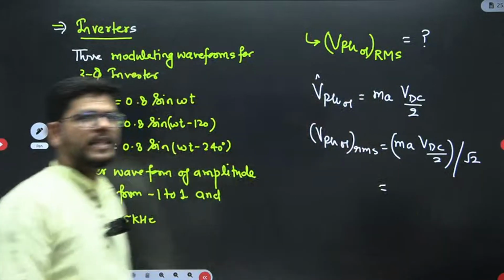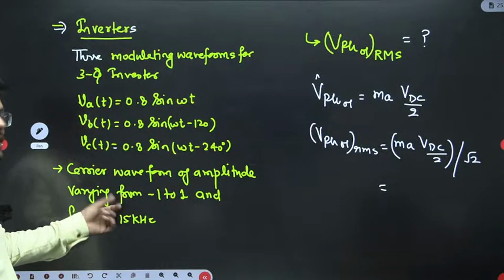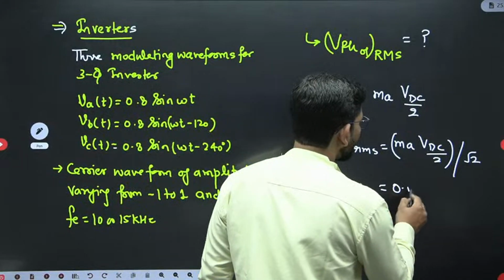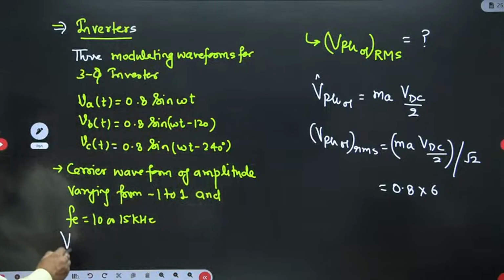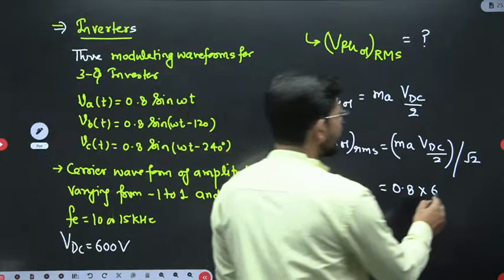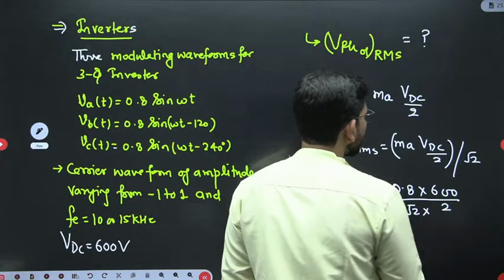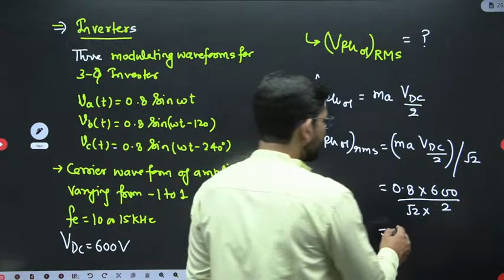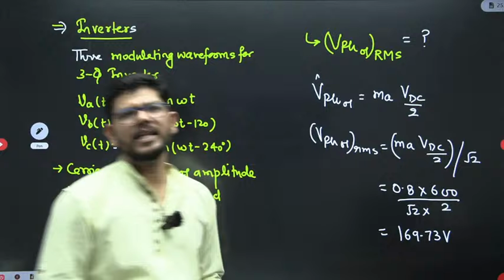You can see that the modulating waveform has an amplitude of 0.8 and the reference is varying from -1 to 1. So the modulation index will be 0.8 and VDC was given 600 volts. So 600 by 2 into √2, when you solve it, it comes to 169.73 volts. So that will be the answer for this question.